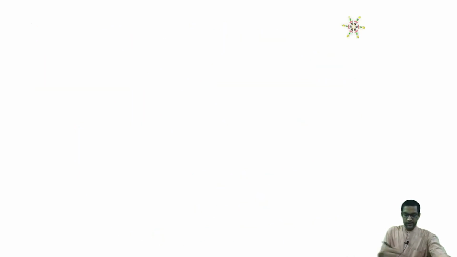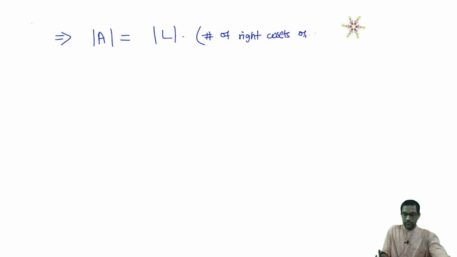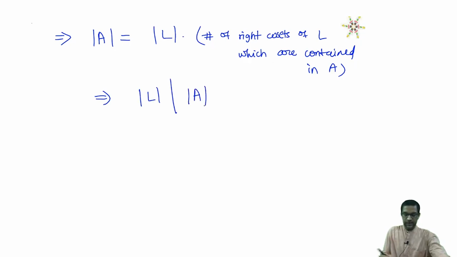So what does that mean in particular? It means that the cardinality of A has to equal the cardinality of L times the number of right cosets of L which are contained in A. In other words, the cardinality of L, whatever it is, must divide the cardinality of A. Because this is some number, of course, the left hand side is a multiple of the cardinality of L. But observe the cardinality of A was p power d to begin with.